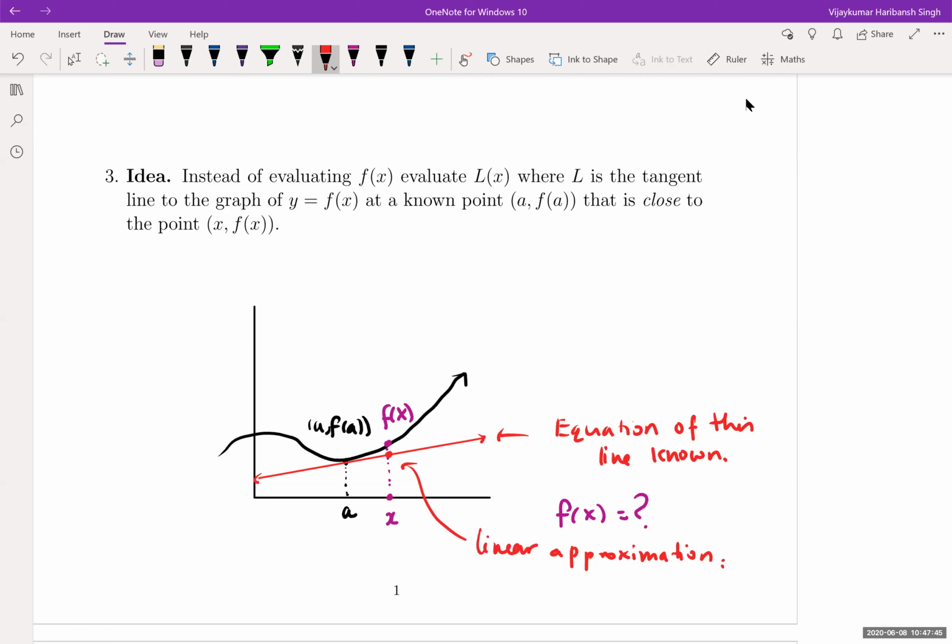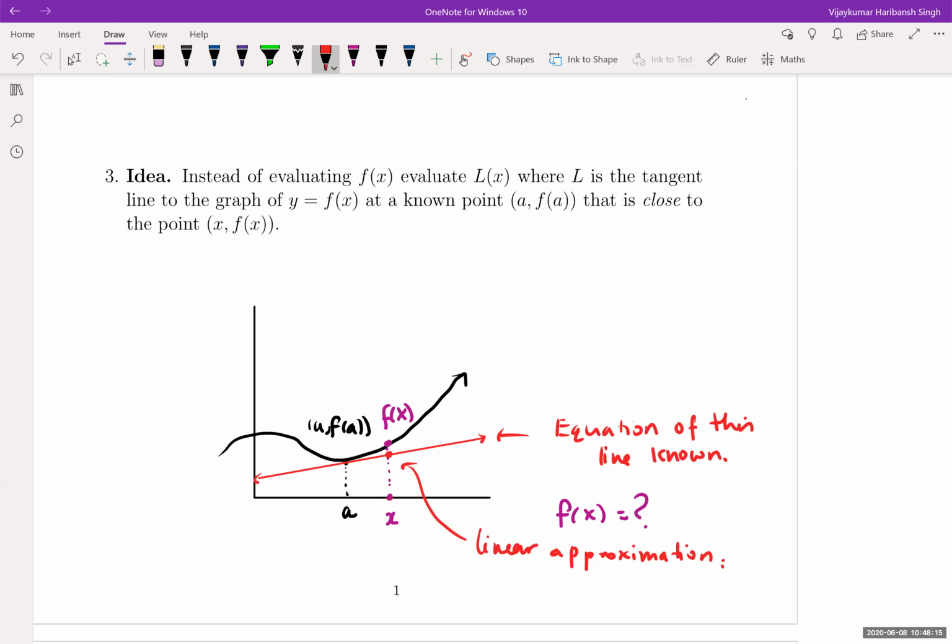So approximation is defined by the user, the person who's finding it. If you're dealing with billions of dollars, a 10-cent approximation is not bad. But if you're dealing with only 20 cents, then a 10-cent error in the approximation is a bad approximation. So it depends on the scale of things you're dealing with.